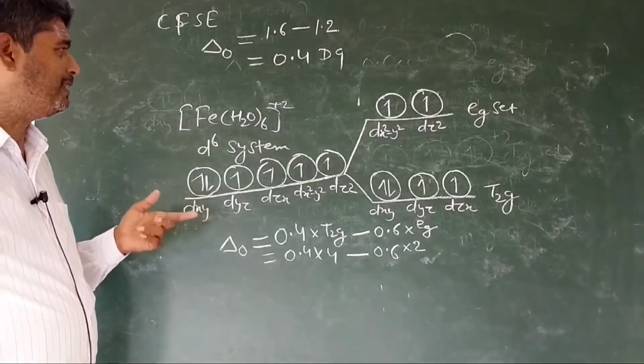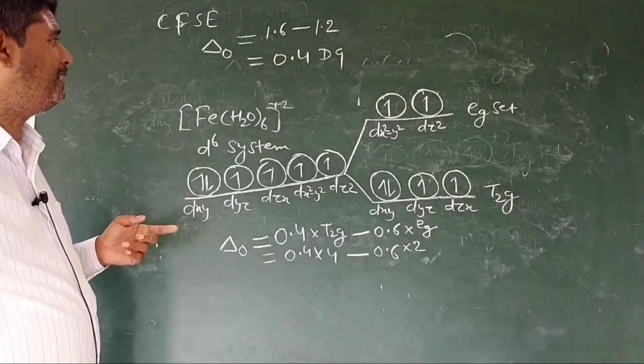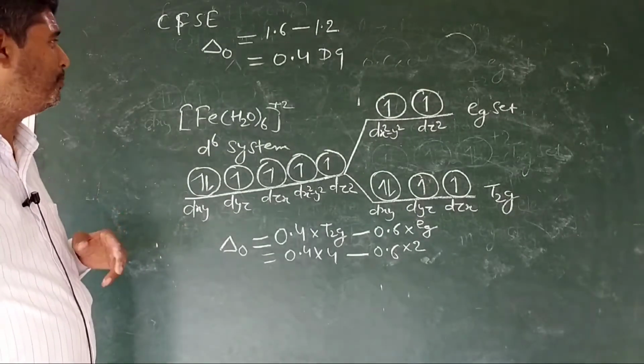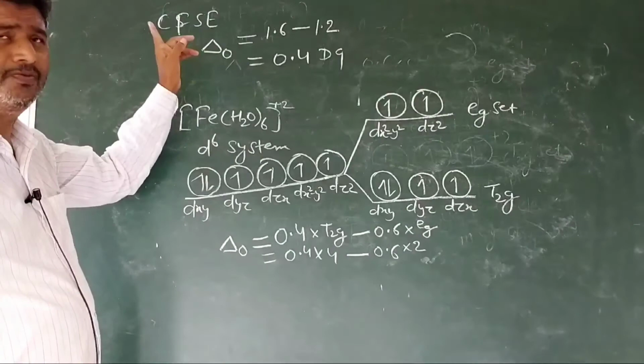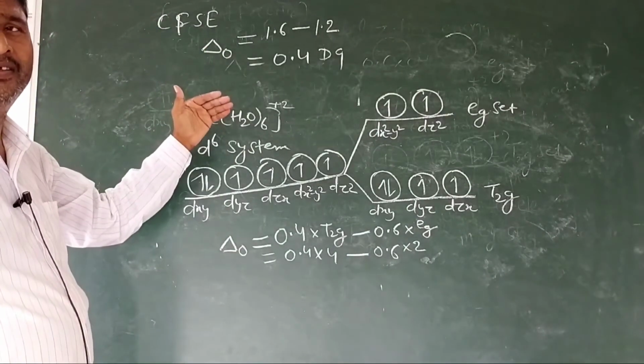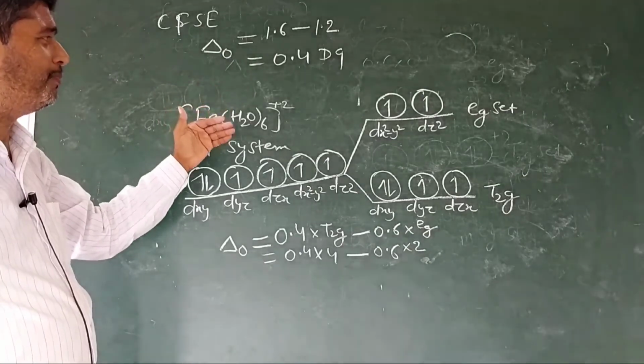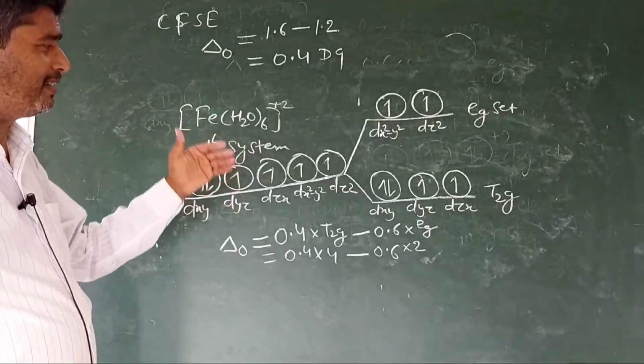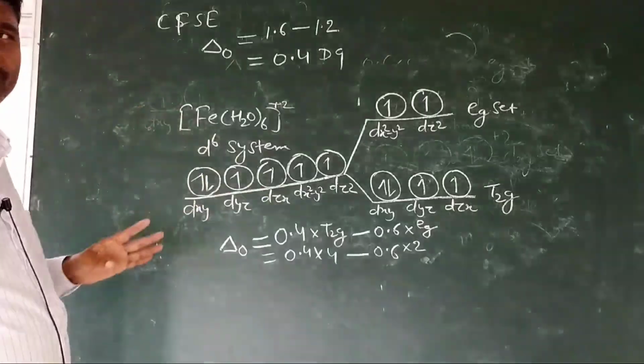So being maximum, with more crystal field stabilization energy due to the higher delta O value, K4[Fe(CN)6] will be more stable than the second.